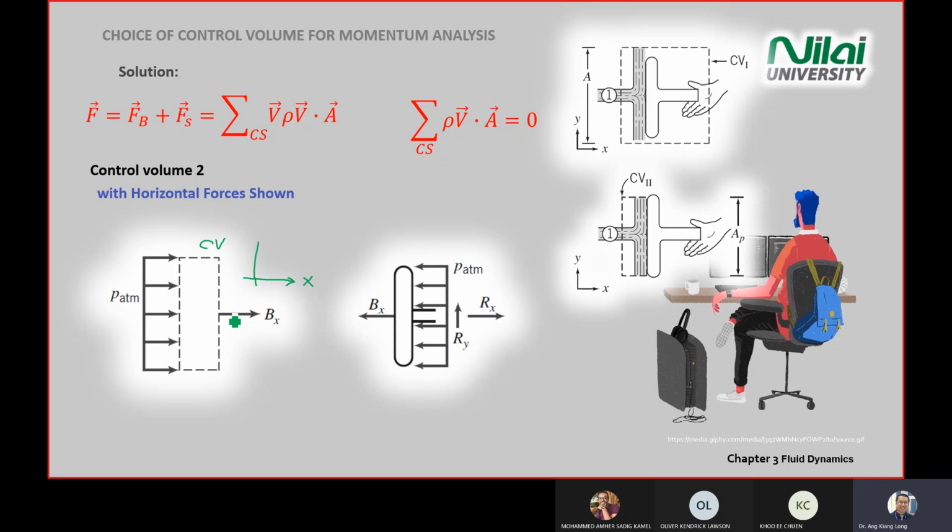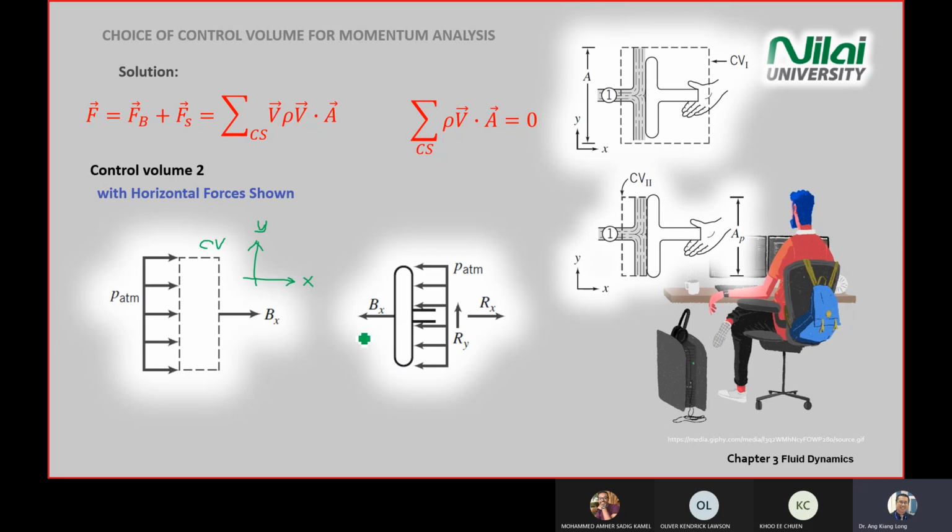That's why we assume Bx is to the right, and all the directions of force we assume are going up. So you draw one free body diagram for the control volume, then you draw another one for the plate here, and you input all the forces there.